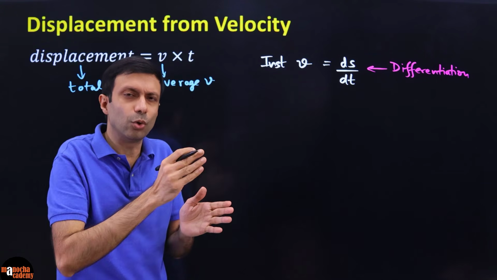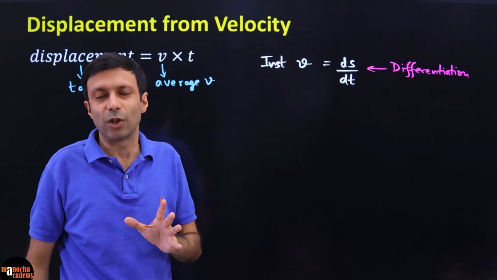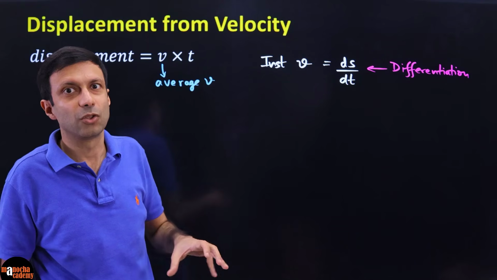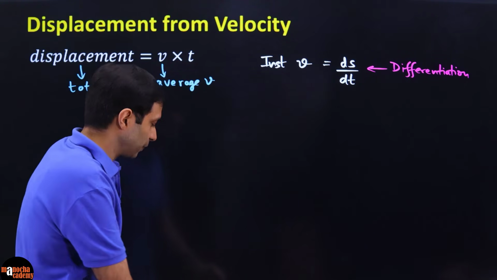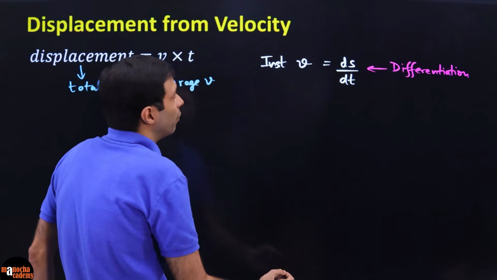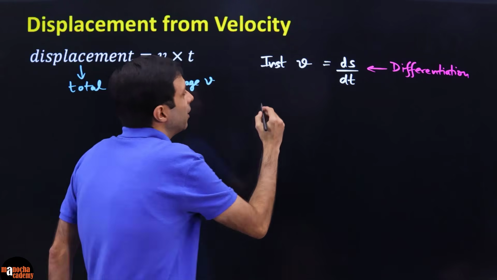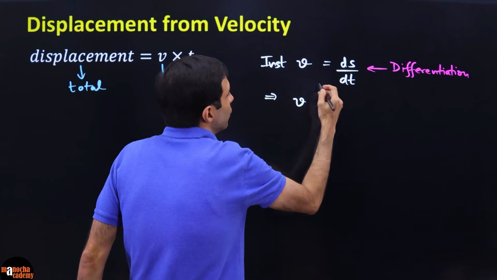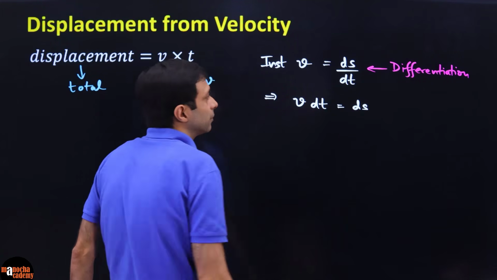Now suppose we know the velocity at certain instances, right? We know the instantaneous velocity and I want to find the displacement from that. So how do I do that? Let's see if we can use this formula. If you look at this formula, I'm interested in calculating displacement. So I can rearrange this, if I bring the dt here, and write v times dt equal to ds.